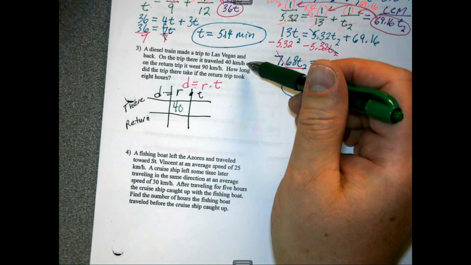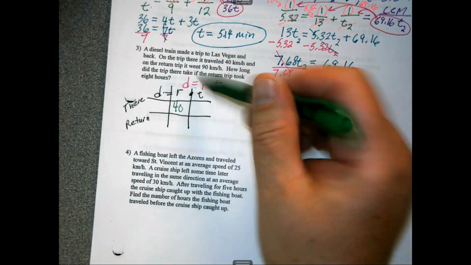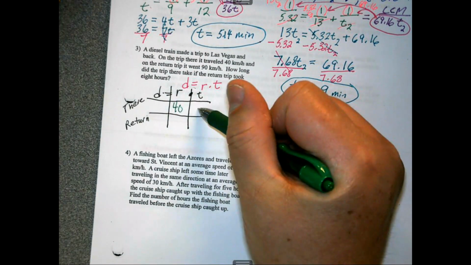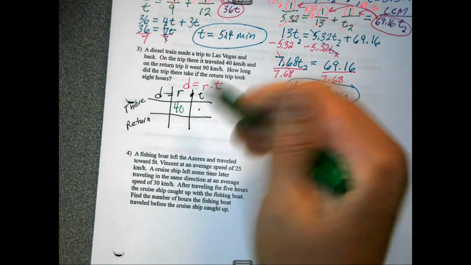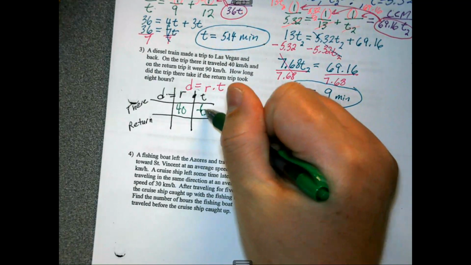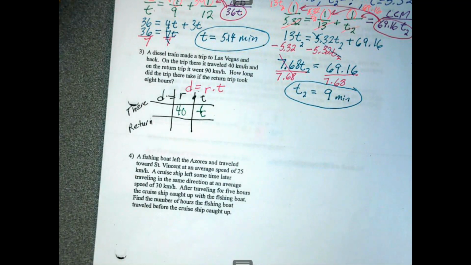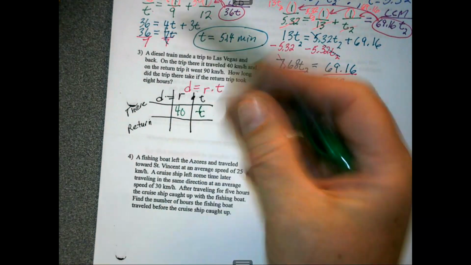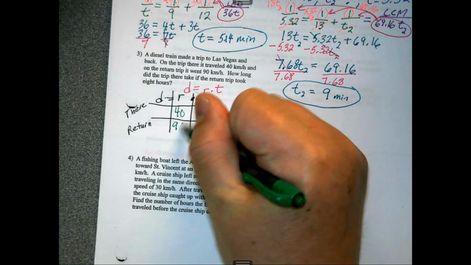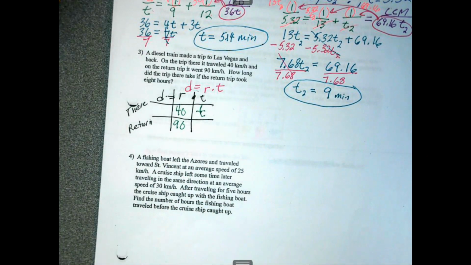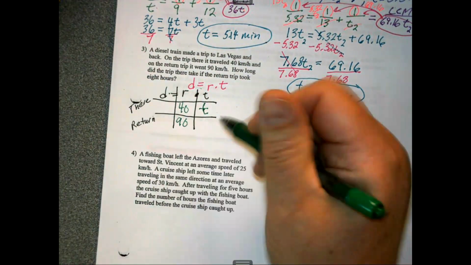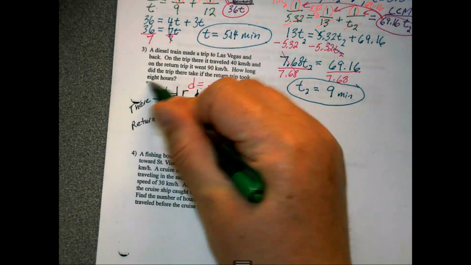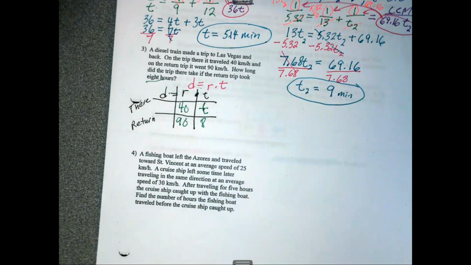How long did the trip take there? So the time for there, we don't know. So that's where we're going to put our T. What else do we know? On the return trip, there's my rate, 90. And that took 8 hours, right? So we have the time for that one.